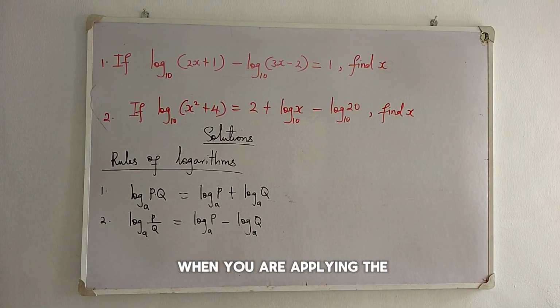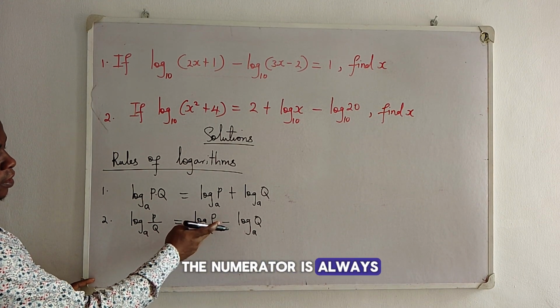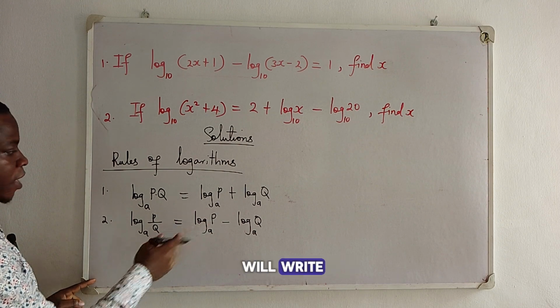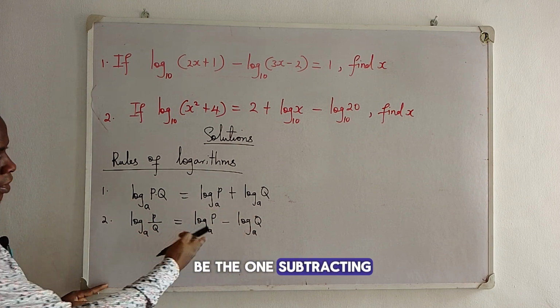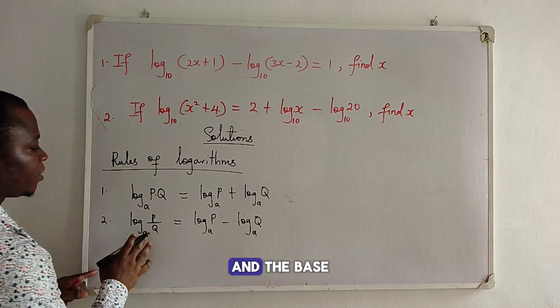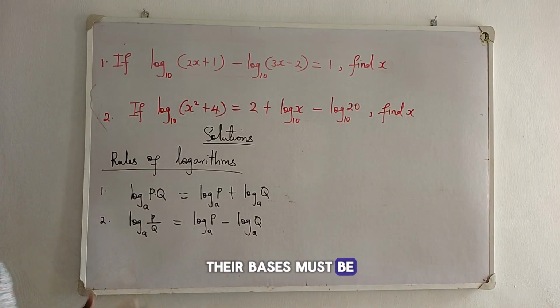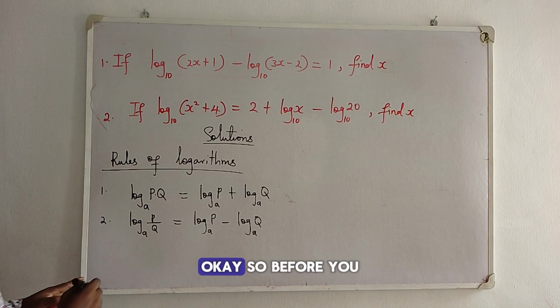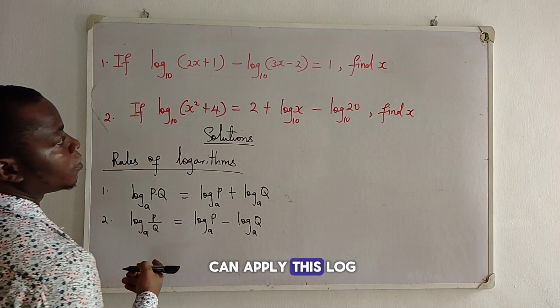Remember, when you are applying the law, the numerator is always the first thing you will write, and the denominator will be the one subtracting from the numerator. So please take note of that. And their bases must be the same before you can apply this law.